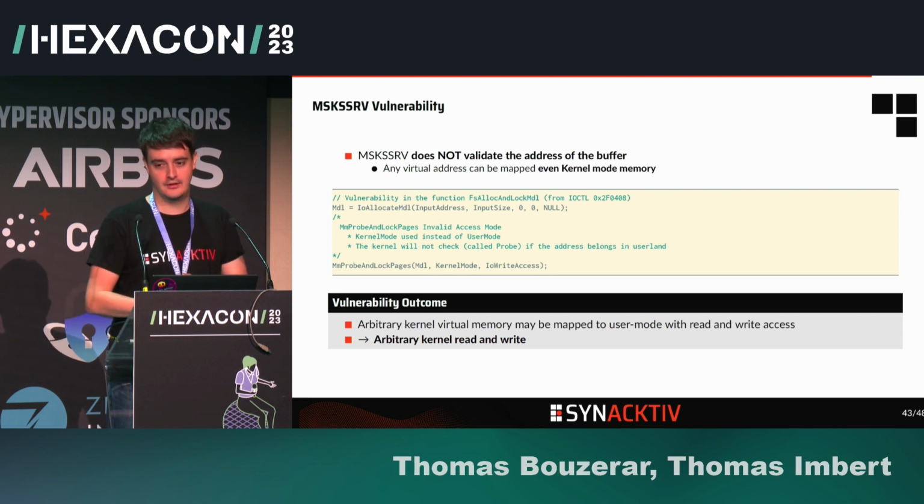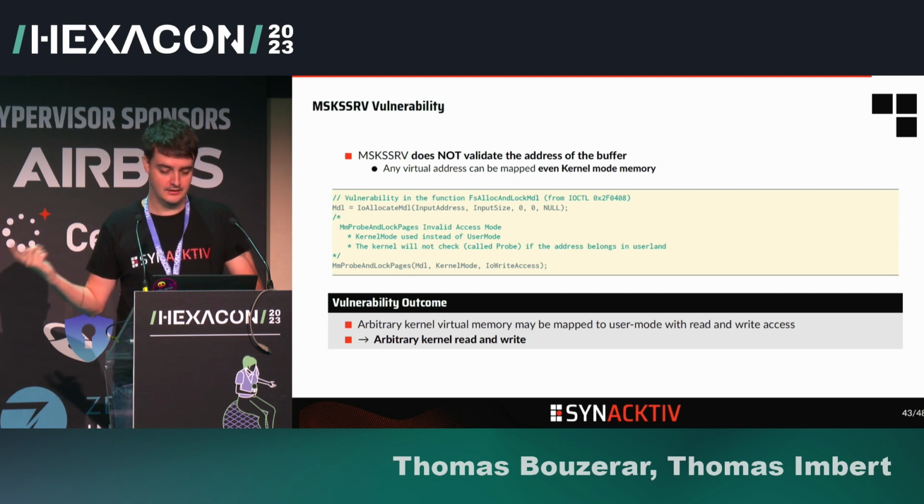And so this is a vulnerability that is quite powerful because you get arbitrary kernel read and write by design. The technical detail is that the MSKSSRV driver is using probe and lock pages, and it's specifying the kernel mode flag, which tells the kernel that this access is trusted and it doesn't have to validate anything.